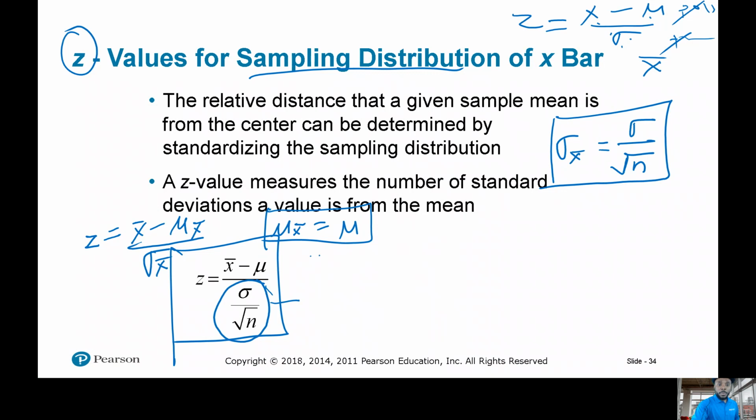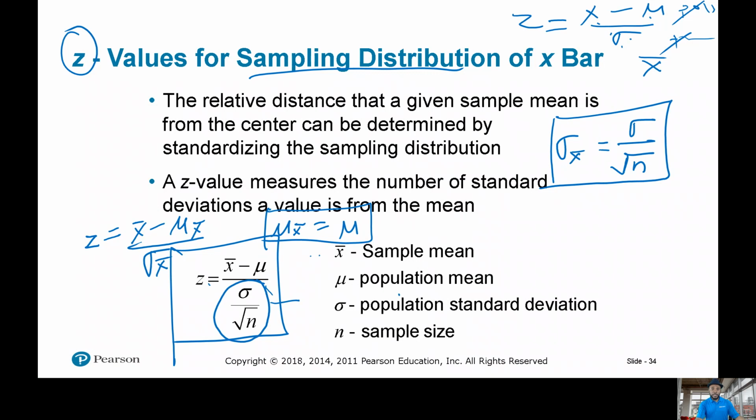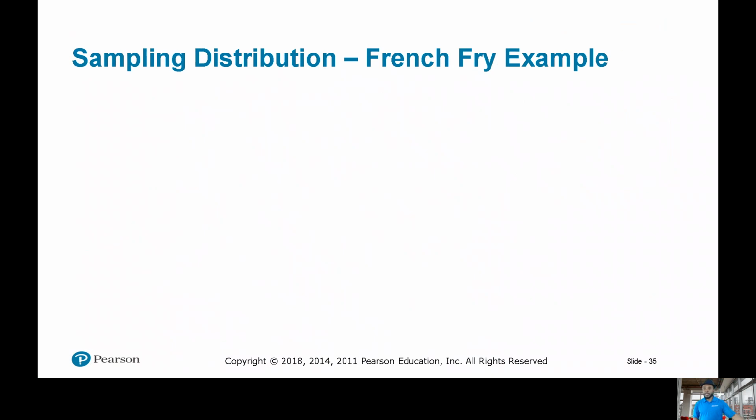That way, the knowledge you learned from the previous chapter stays the same, because now that you know z, you can find those probabilities. Cool. So again, you know what these terms mean. X bar is the sample mean, mu is the population mean, sigma is the population standard deviation, and small n is the sample size. Sweet.